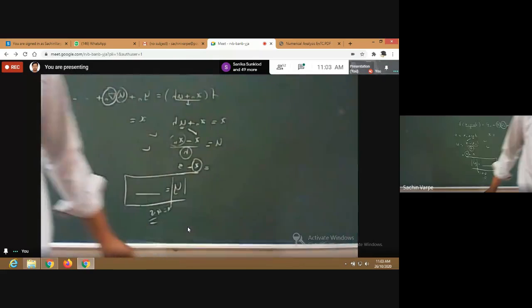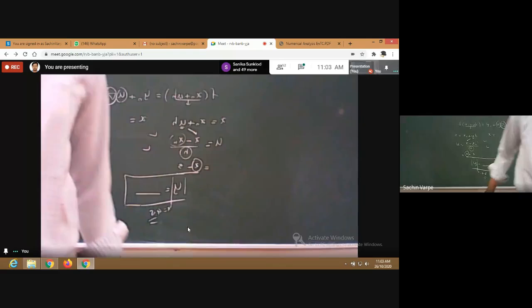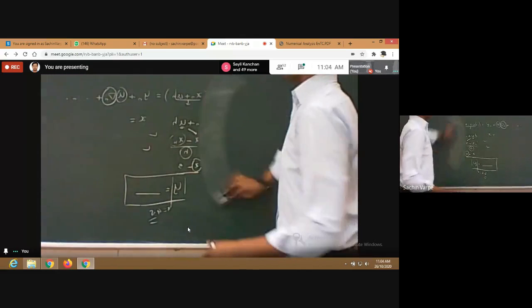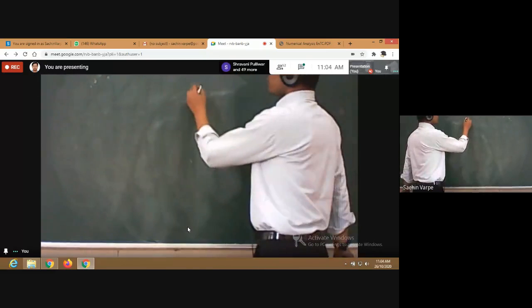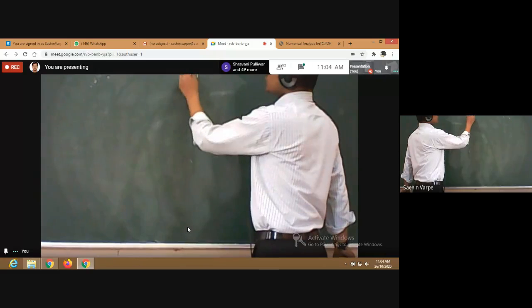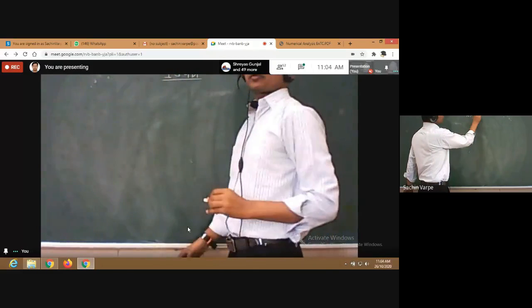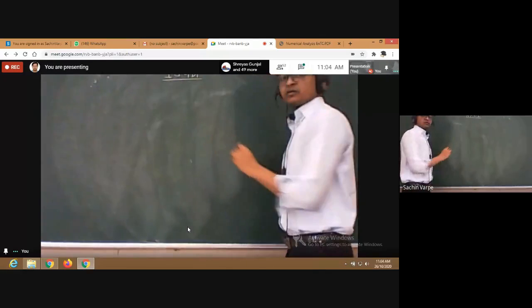Okay, so Newton's forward and backward formulas. Let me recall those formulas we have discussed. We have discussed the three main formulas. Newton's forward difference interpolation.